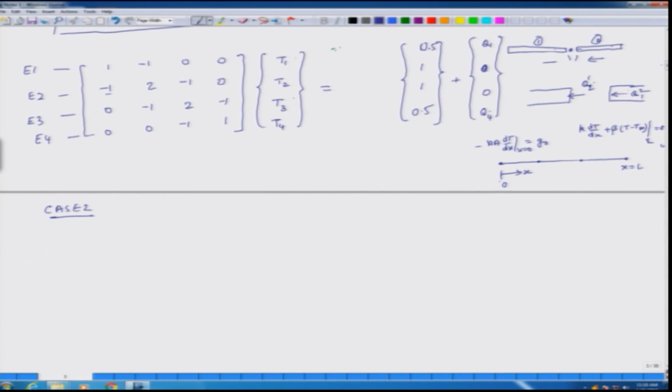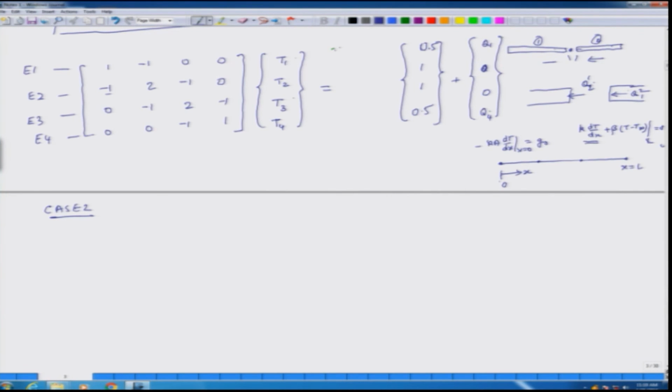So, what does that mean? That there is some convective transfer happening. This K dt over dx is heat which is going out, right, and that equals the convective heat transfer. So now we will see how to account for this convective heat transfer in our boundary conditions.